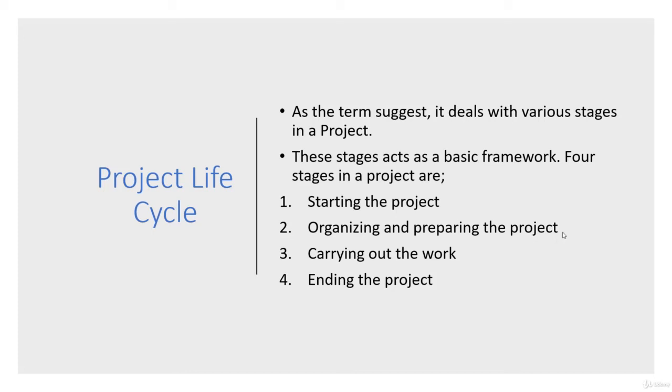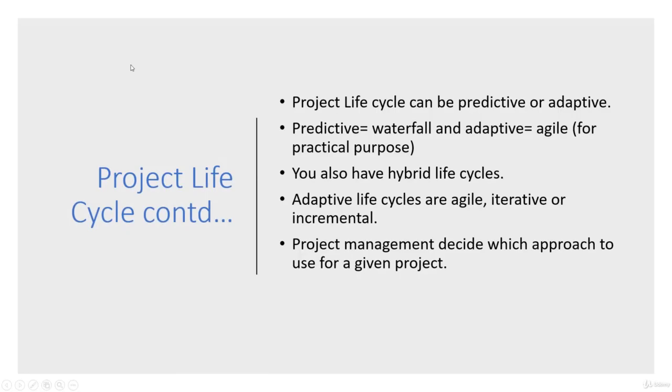But all of this, the cycle 1, 2, 3, 4, so all the activities you do here, what you do, how you do, depends upon something which is called the development life cycle. Development life cycles are basically predictive or adaptive. In simple terms, waterfall or agile.